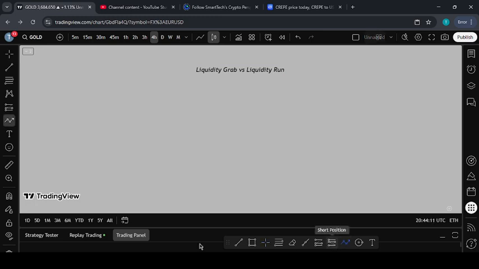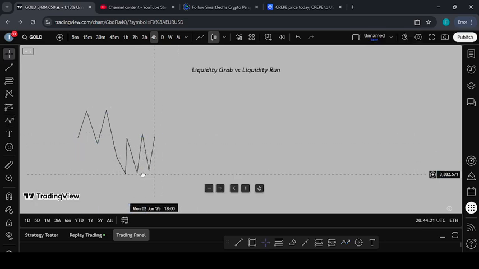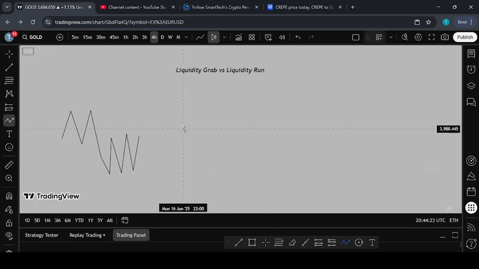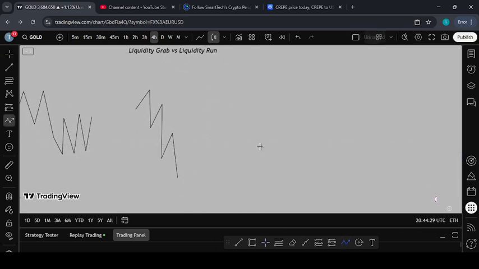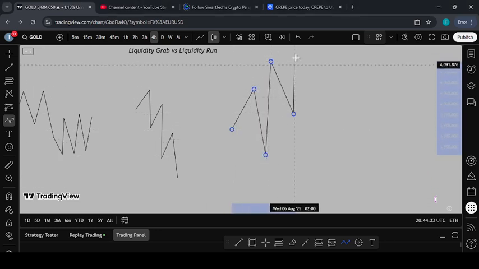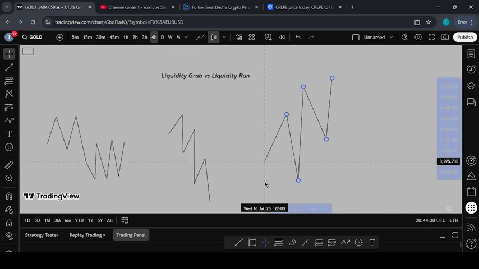And of course, we know that there are different forms of liquidity. We can have equal highs or equal lows, or even triple lows. You can have liquidity resting in the form of trend lines. We've talked about that in the past. You can have liquidity above swing highs and swing lows, or above previous daily highs, previous daily lows, previous weekly highs, previous weekly lows.